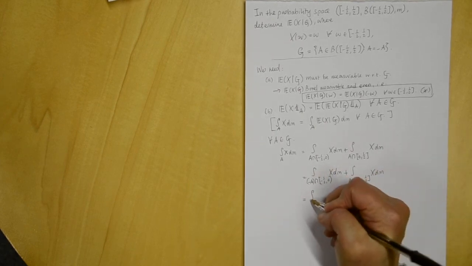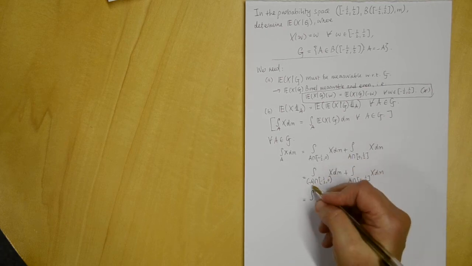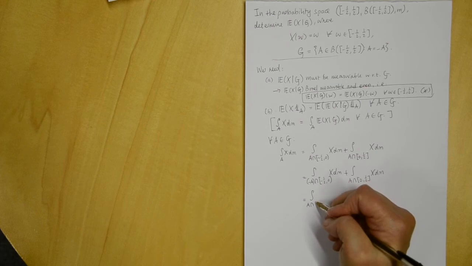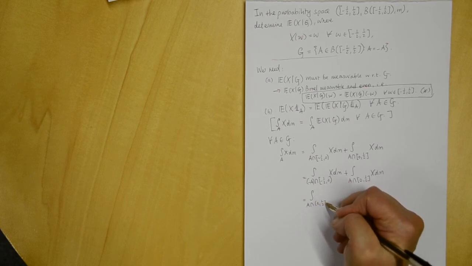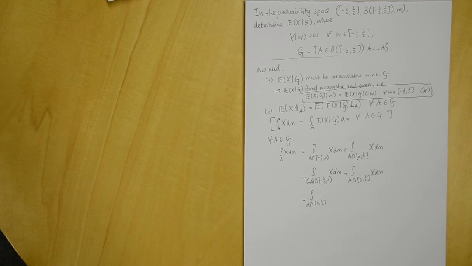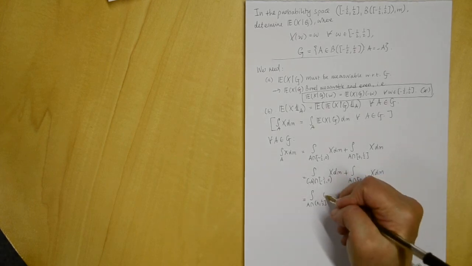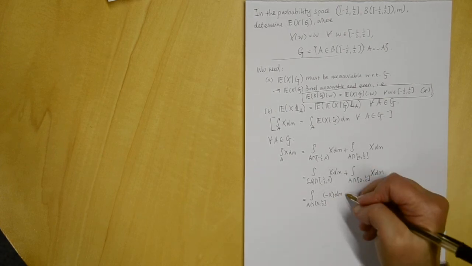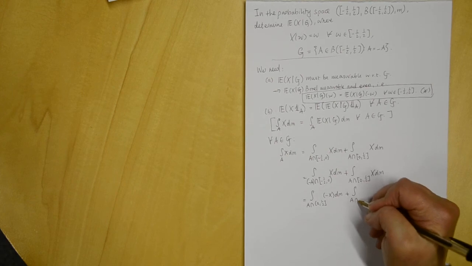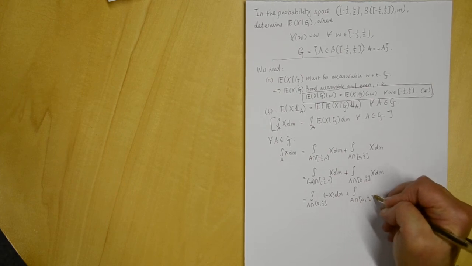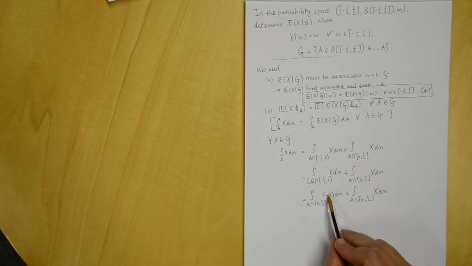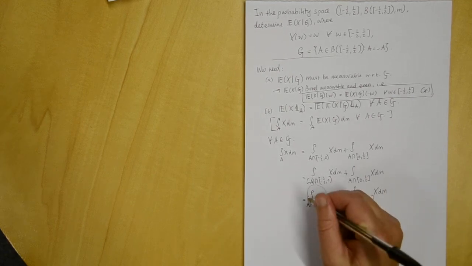So you can write this integral as the integral over minus this set, which is A intersection 0 to 1/2, of minus X dm, plus the integral over A intersection 0 to 1/2 of X dm. What you notice here is there's a minus which can go outside.